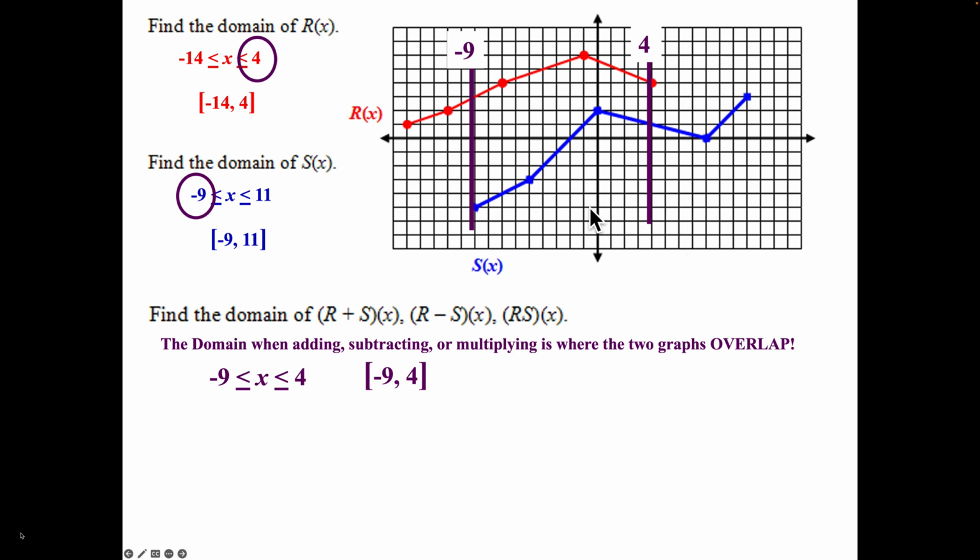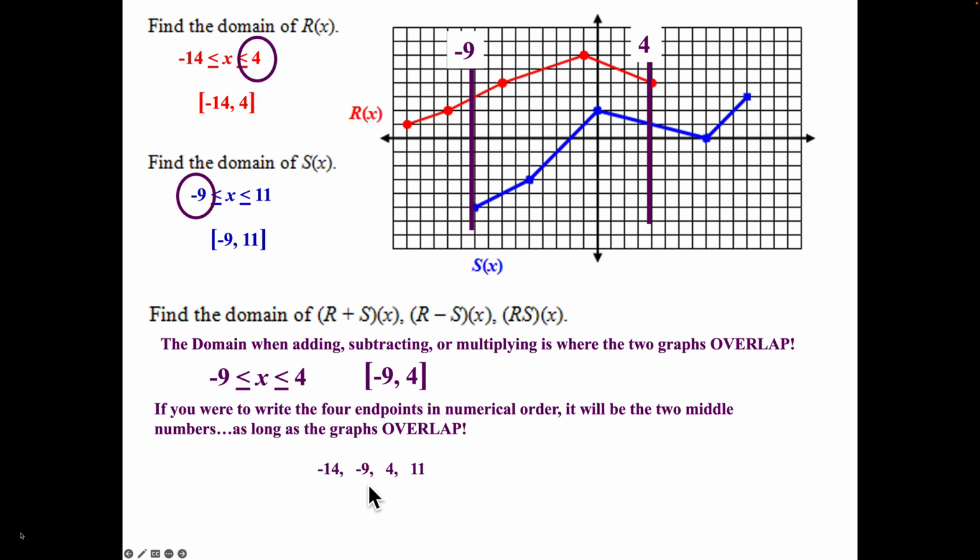Now, I did have a student ask me one time, hey, Mr. Fitz, I got a question. Can I do the following? I see a pattern. Can I put my x's in my compound or interval notation in numerical order and then just grab the 2 middle terms? I said, that works fine as long as they overlap.